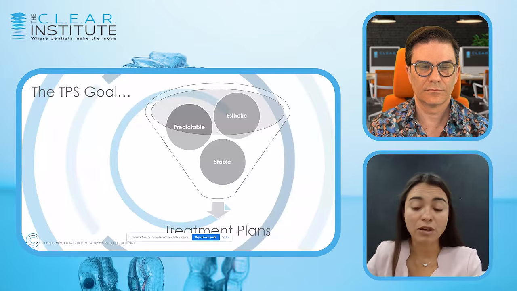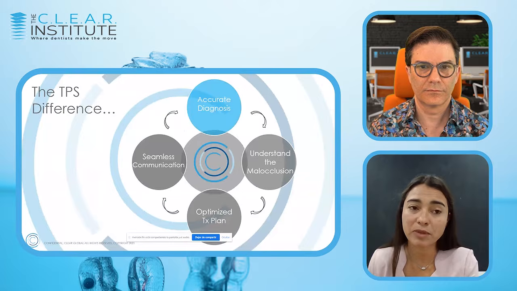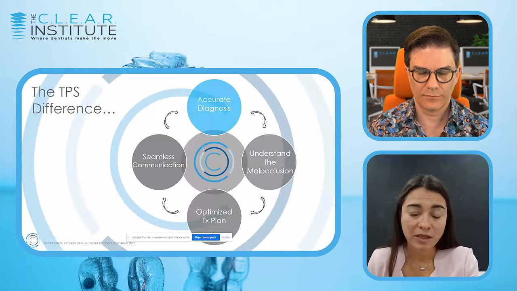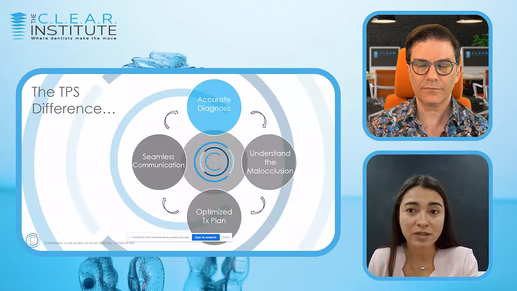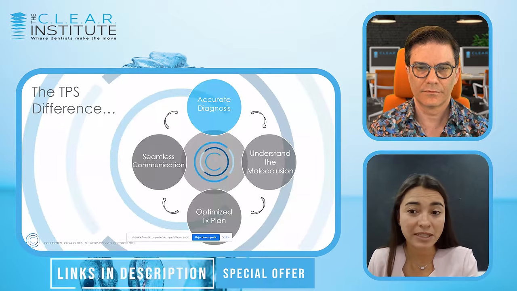The difference when you're using a treatment planning service is that it always begins with an accurate diagnosis. So I'm going to challenge you today to not look at teeth until we have really looked into the patient. We begin by understanding the patient's malocclusion. Why does the patient have spaces, or why does the patient have crooked teeth?